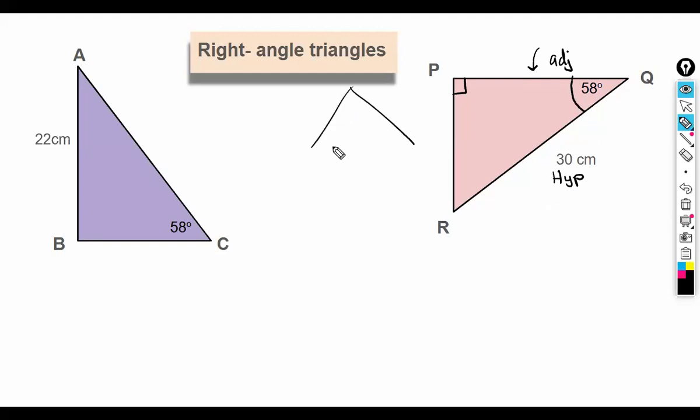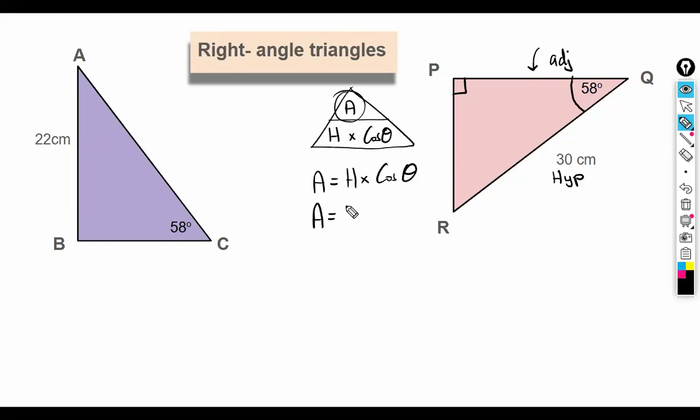So what did we use? I think we have to use cosine, because cosine is adjacent over hypotenuse. We're trying to find the adjacent side, so adjacent is hypotenuse multiplied by cosine theta.